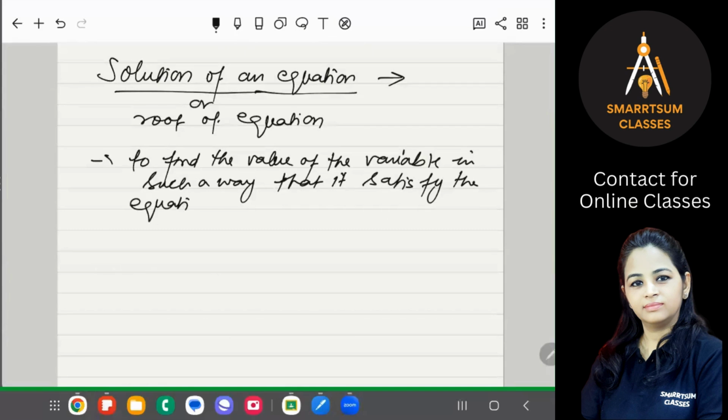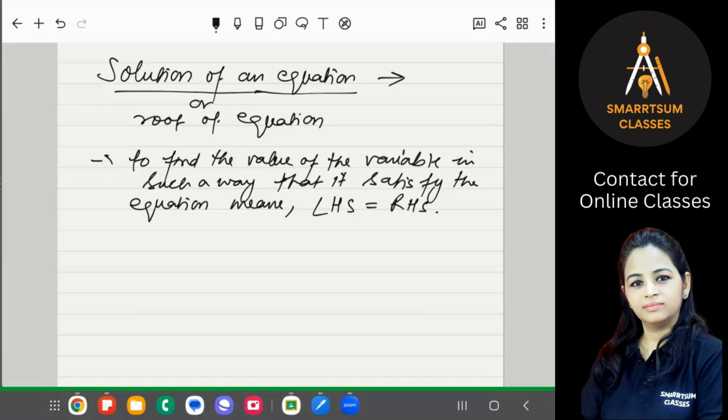It should be sensible to the equation, meaning LHS should be equal to RHS. LHS means left hand side of the equation, RHS means right hand side of the equation. So you have to find that value of the variable in such a way that left hand side is equal to right hand side. This is called to satisfy the equation. If for a particular value of x, LHS is equal to RHS, we say that value of x is a solution of the equation.